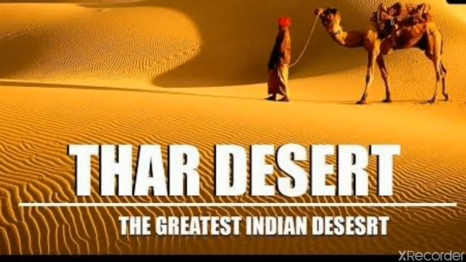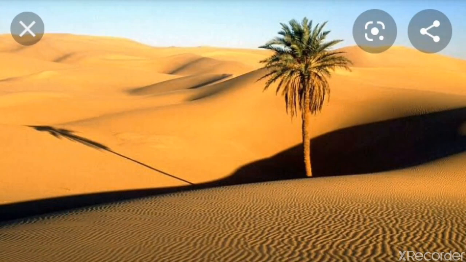Then we have the Thar Desert. This Thar Desert is also known as the Great Indian Desert in Rajasthan, and we will be studying the features of this desert. The picture that you are seeing is a picture of sand dunes.